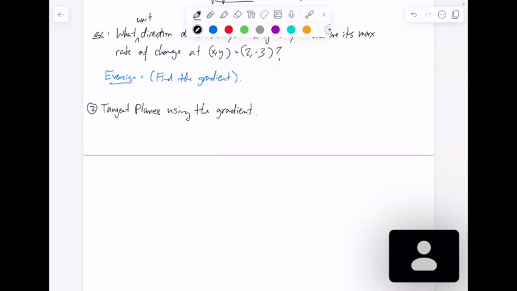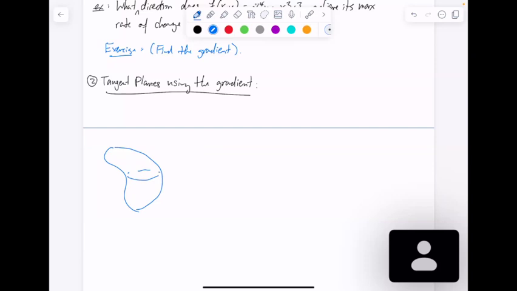Geometrically, let me explain what I want here. Let's say I have a surface in 3 dimensions, but it's a 2-dimensional surface given to you by a function of 3 variables equal to a constant. You could think of, for example, a sphere: x^2 + y^2 + z^2 = 1, a radius 1 sphere.